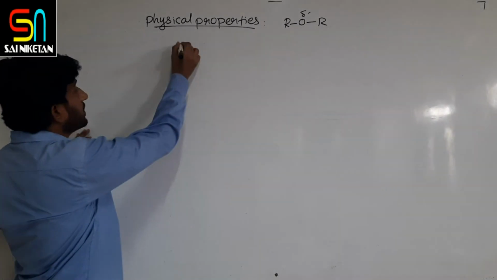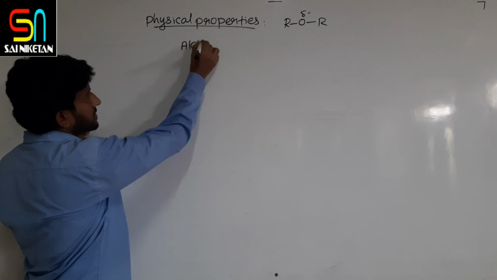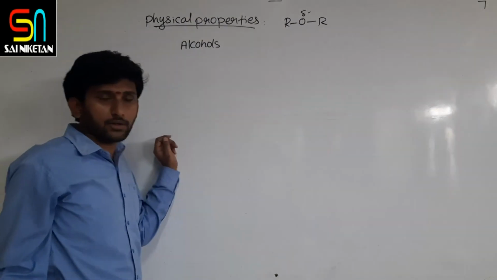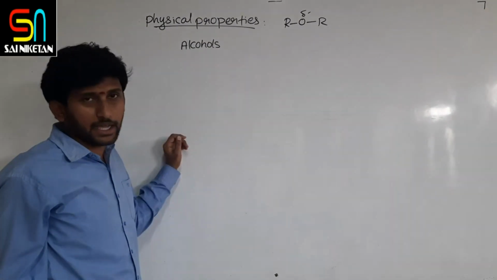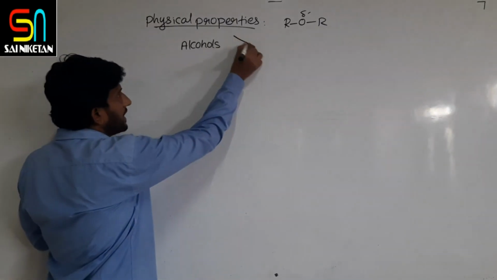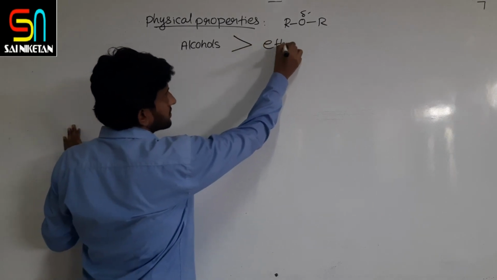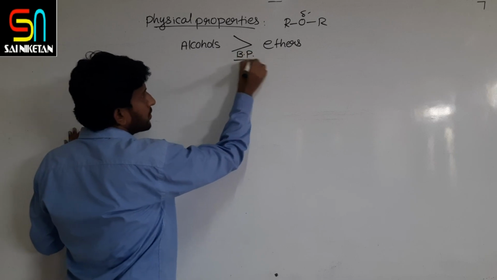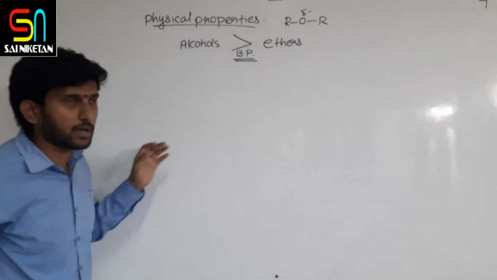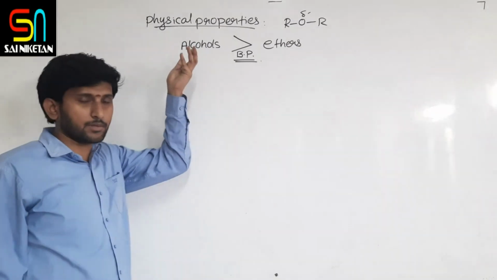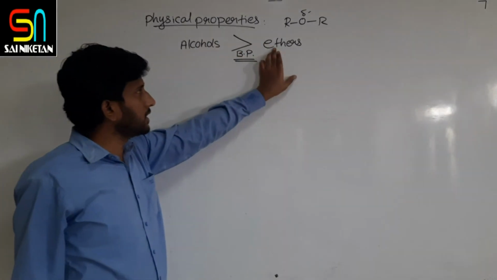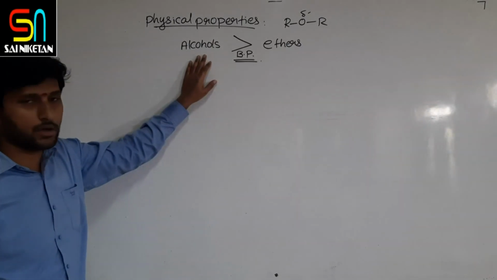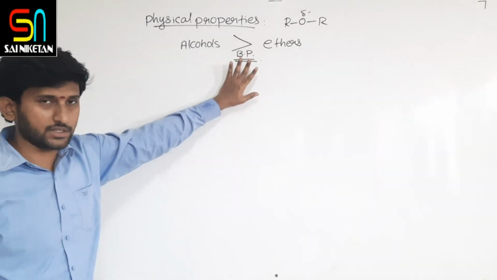The meaning is, as in the case of alcohols, the amount of hydrogen bonding and interactions is greater compared to ethers. That is, alcohols have higher boiling point because the hydrogen bonding is more relative to ethers, even though both are polar. So the boiling point of alcohols is higher than that of ethers.